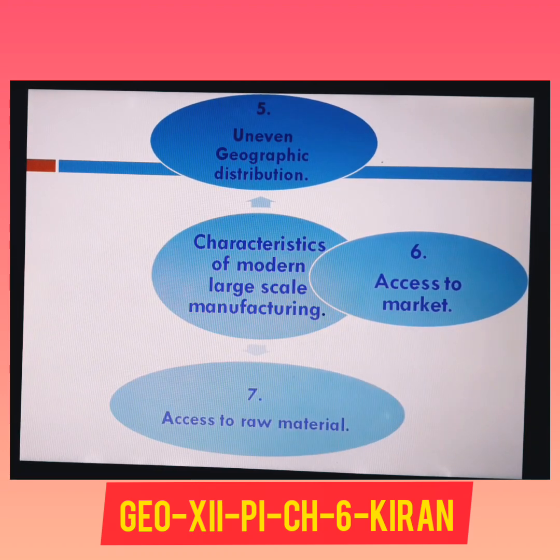Next is access to raw material. The raw material plays a very important role in the modern large scale industries. Some of the industries have to be located very close to the raw material areas. For example, the sugar industry should be located very close to the sugar growing area.